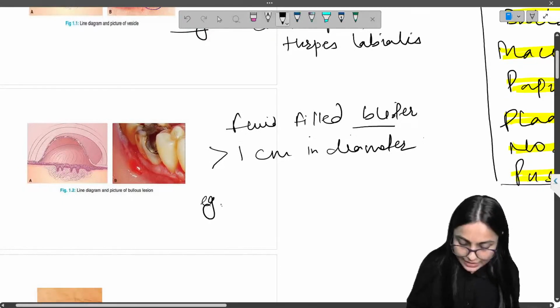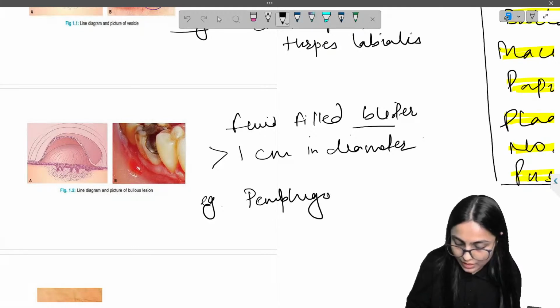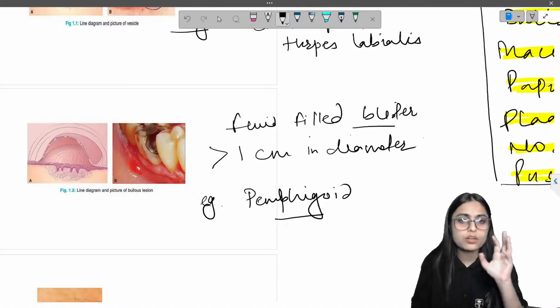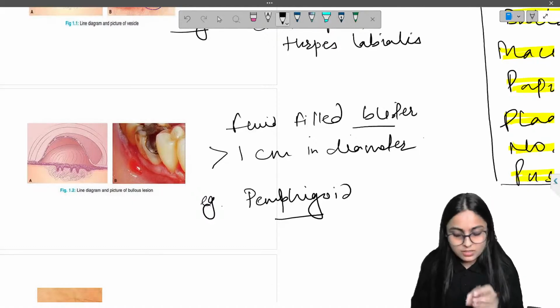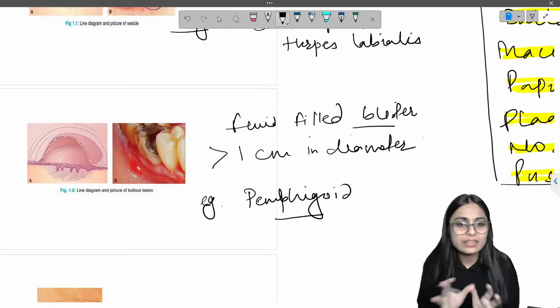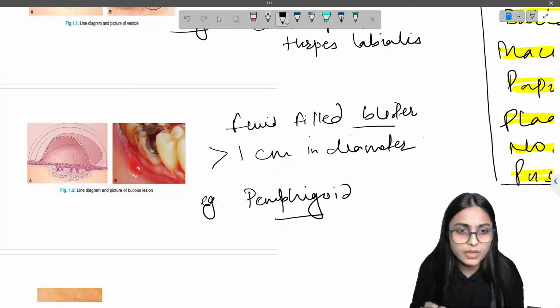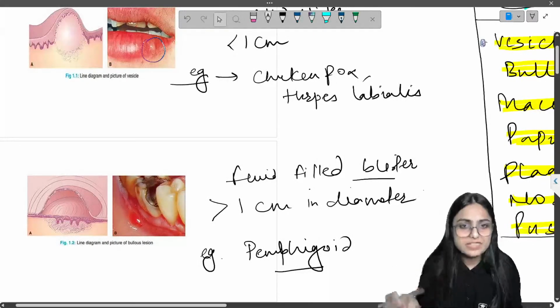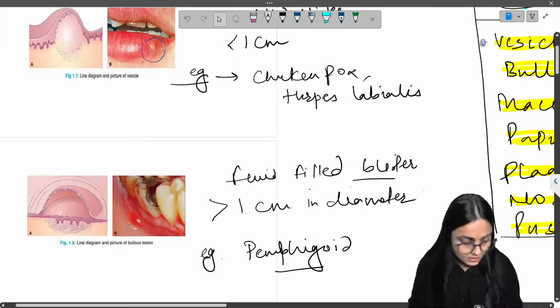An example of bulla is bullous pemphigoid. These diseases we are going to see in detail, but just for your understanding, please note this down. Afterwards, you will understand the whole concept of it. So both vesicle and bulla understood, fluid filled blister, just the size difference.